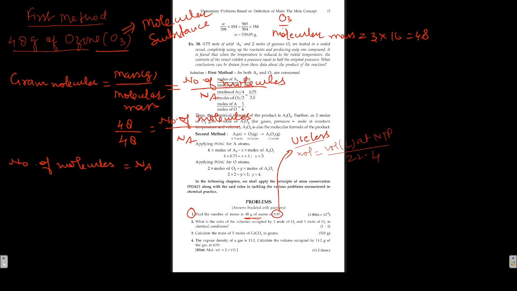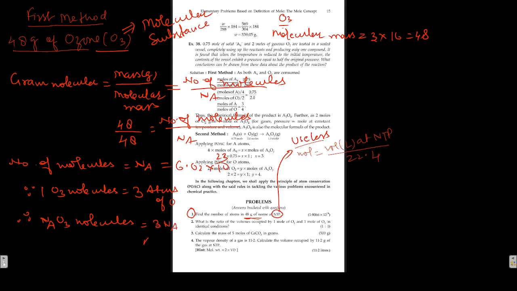We have to calculate the number of atoms. Since one O3 molecule contains 3 atoms of O, Na O3 molecules, where Na is Avogadro's number whose value is 6.02 into 10 to the power 23, contain 3 Na atoms of O. Here we can say the number of atoms is equal to 3 into 6.02 into 10 to the power 23.